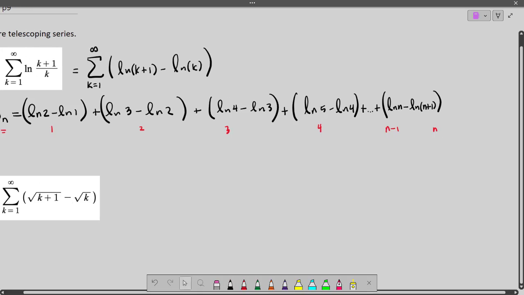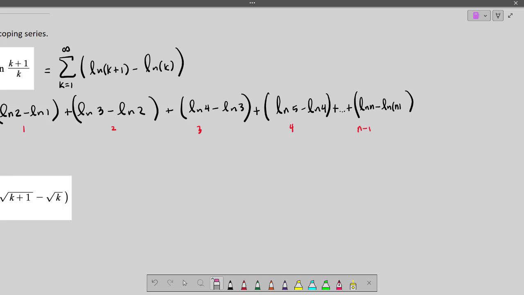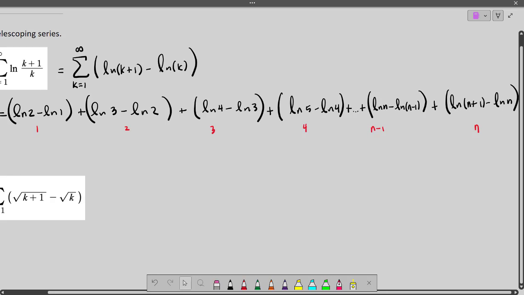So that's the n minus first term. Wouldn't it be n minus 1? Maybe. So we're plugging in n minus 1. Yes, that should be an n minus 1 right here. And then here we're going to plug in n, and we'll have natural log of n plus 1 minus natural log of n. So that is our nth term. There we go. So that is S sub n.